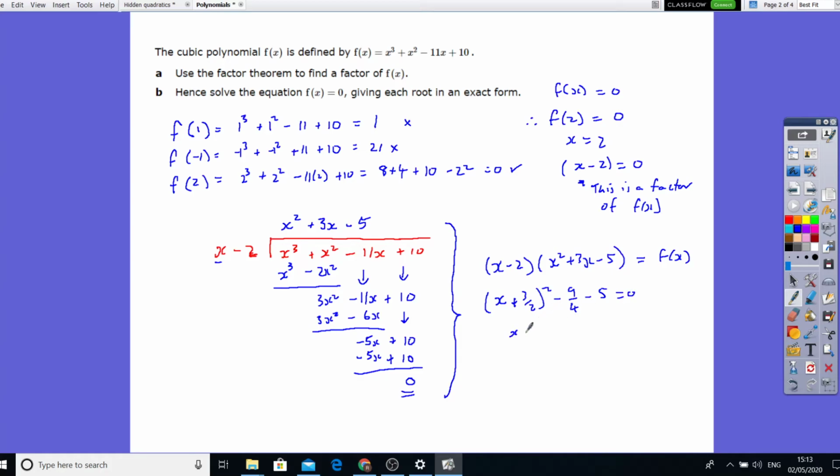I'm going to end up with x plus 3 over 2 squared equals 20 over 4 plus 9 over 4, which is 29 over 4. And if I square root that, I'll end up with x plus 3 over 2 equals plus or minus root 29 over 2. Sorry, I'm doing quite a bit of this in my head, but like I said, you can just put it straight into your calculator and the answer will come straight out.